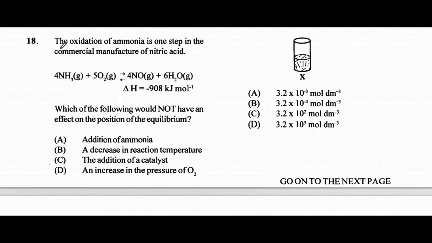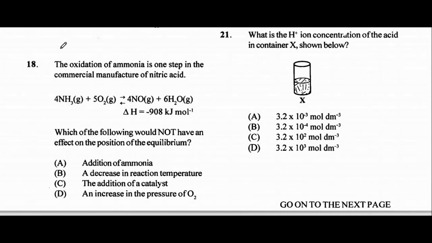Alright, it says oxidation of ammonia is one step in the commercial manufacture of nitric acid. Alright, that's the equation right there. We're told that delta H is minus 908 kilojoules per mole. That's telling us that the forward reaction is exothermic. It says which of the following would not have an effect on the position of the equilibrium? Addition of ammonia.